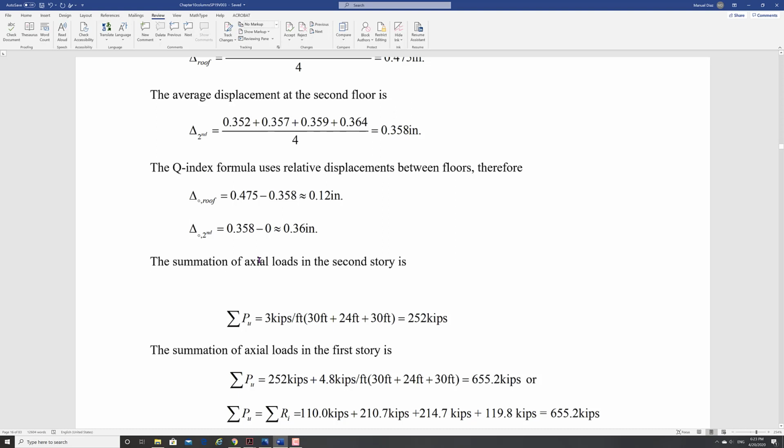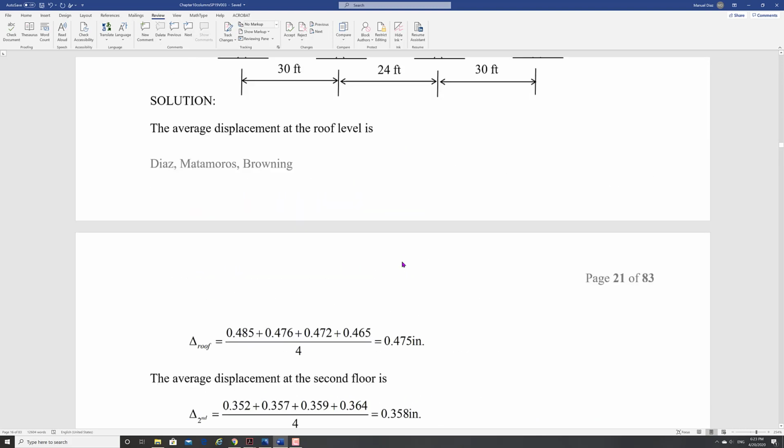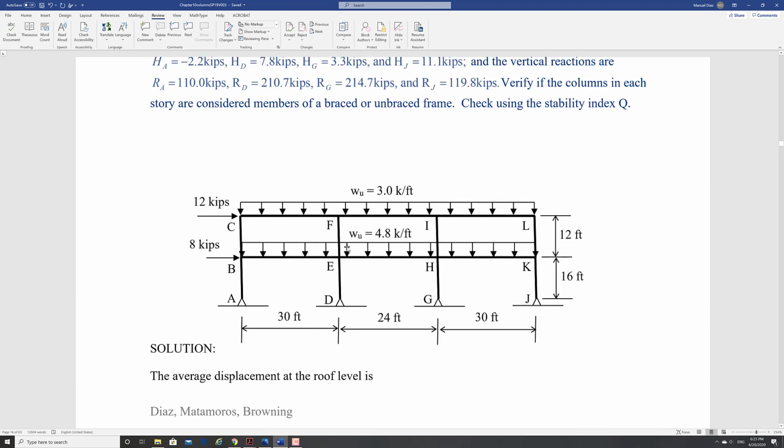The summation of axial loads in the second story. So that means, what is the axial load that you got here? And you will say, well, you didn't give me that. No, you know your load here, that's 3.